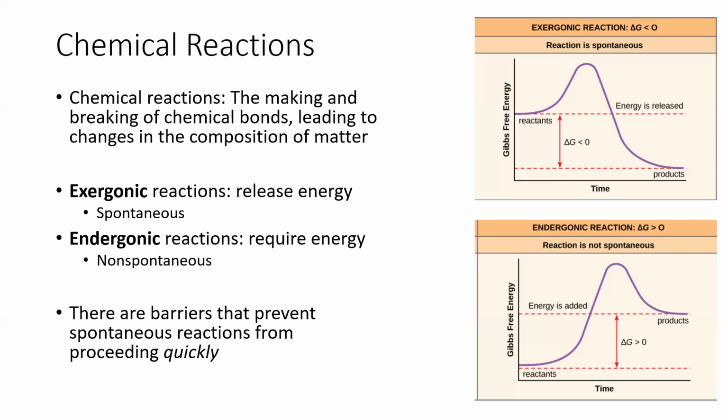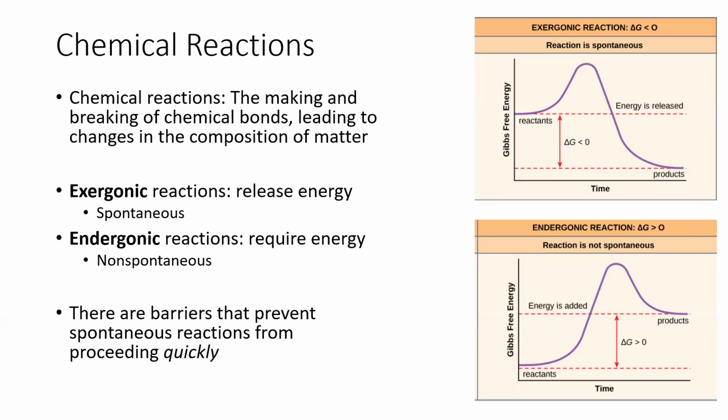Now, as I was mentioning, there are processes that are just naturally going to occur. However, there are barriers that prevent that from happening really quickly. We'll talk about that here in a sec. Before I go to the next slide, are we feeling good here? Cool. I did forget to explain these figures.